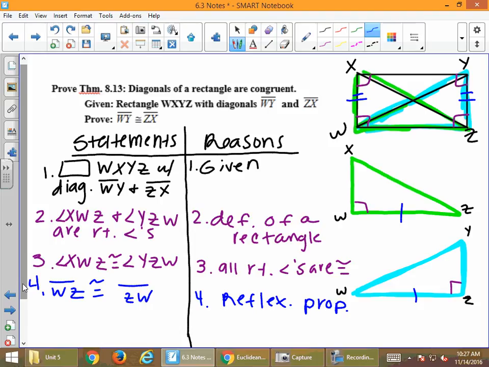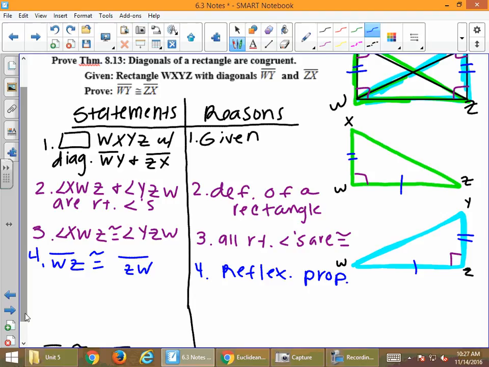So this side and this side are the same, and those are also parts of our triangles. So in your next step, you can say that XW is congruent to YZ, because it's a parallelogram. Definition of parallelogram.